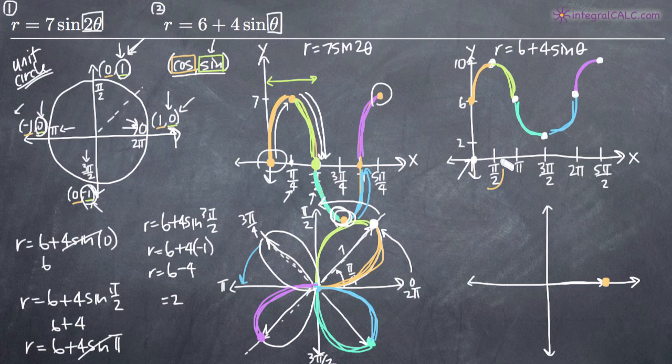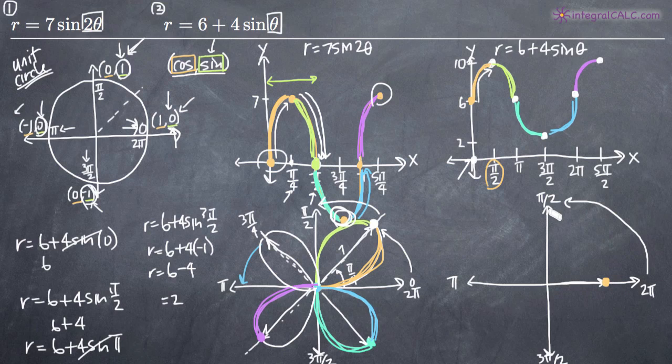Then, as we move toward the angle pi over 2, let's just go ahead and mark this off. We've got pi over 2 here, pi, 3 pi over 2, and back to 2 pi here. So as we move here from the angle 0 to the angle pi over 2, our graph goes from 6 to 10. So here on the axis we're at 6.